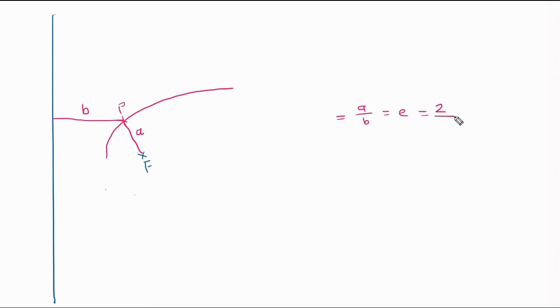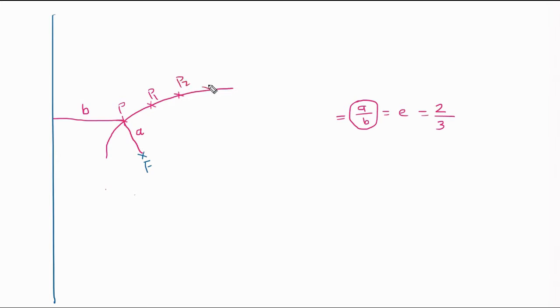Consider the eccentricity say 2 by 3, then this ratio should be common for all the points on the ellipse. Okay.